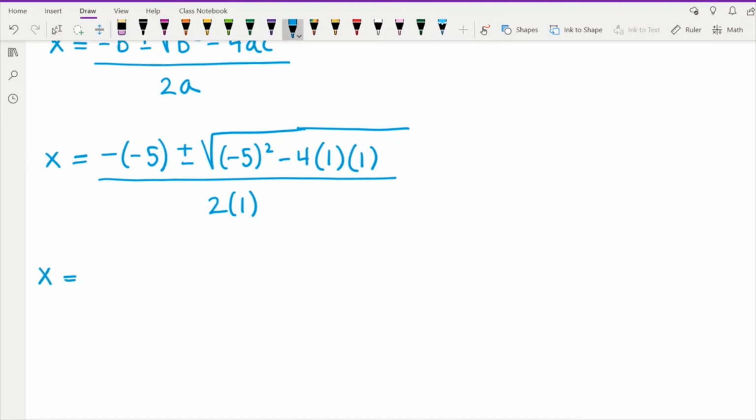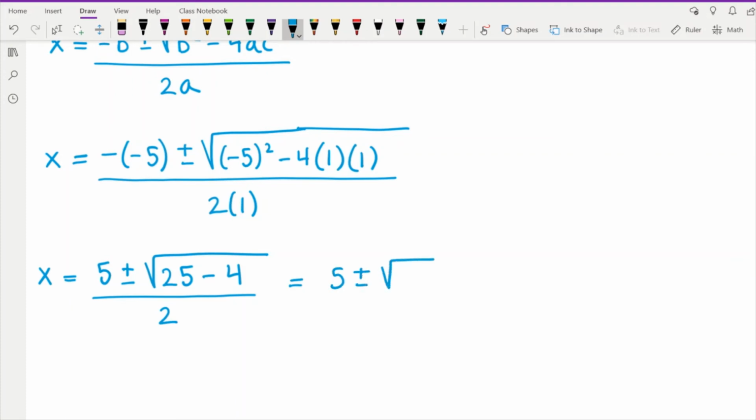Okay, so now we can simplify this. We're going to have 5 plus or minus the square root of 25 minus 4, all divided by 2. And so that simplifies further to 5 plus or minus the square root of 21, divided by 2.